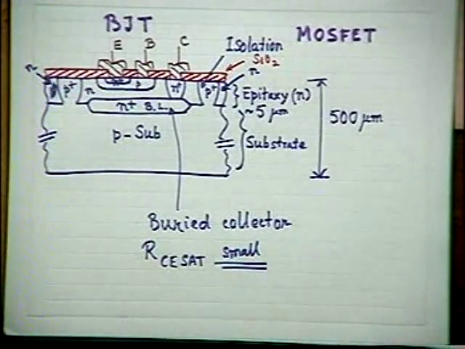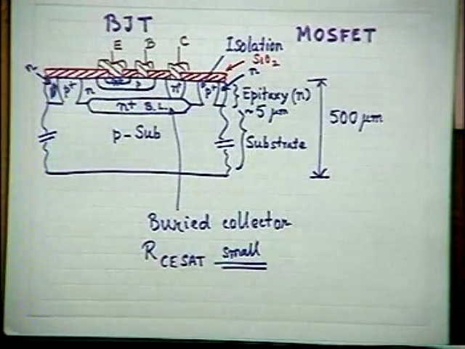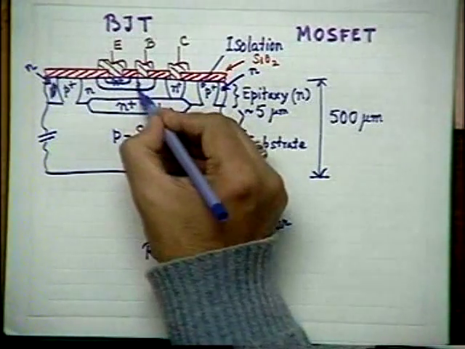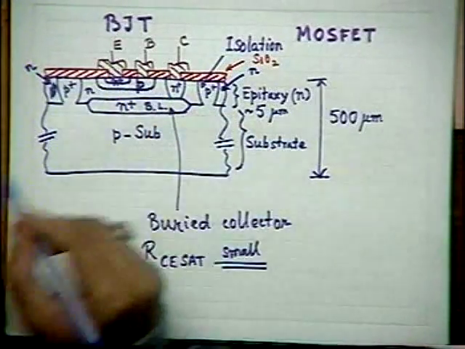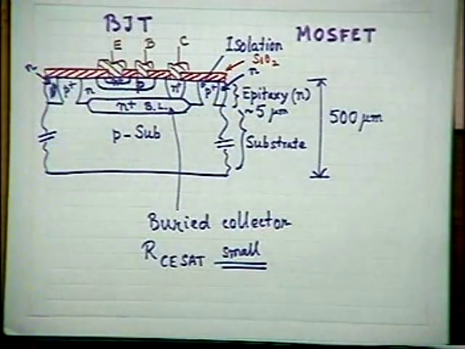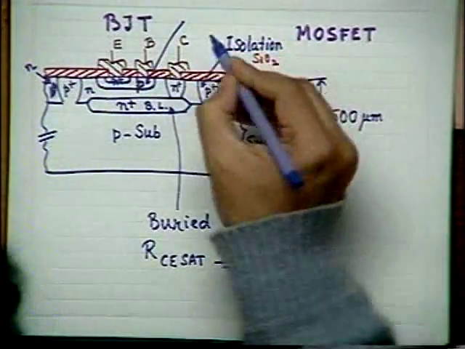This is very important. Then you note that we have a P-type layer. This is P. We have a P-type layer in that N, which forms a base. This is your base layer.